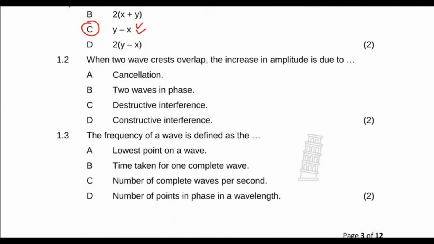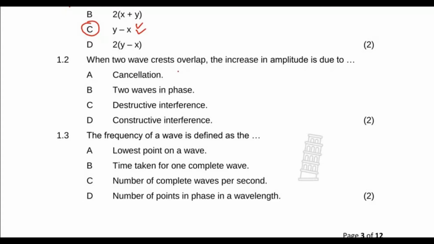Question 1.2, when two wave crests overlap, the increase in amplitude is due to A, cancellation, B, two waves in phase, C, destructive interference, or D, constructive interference. So we're still talking about the crests.